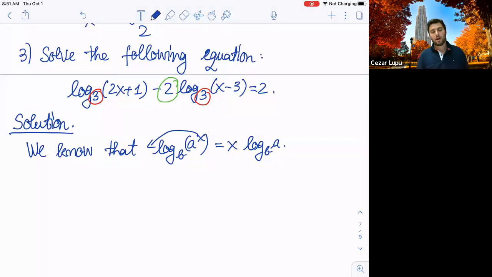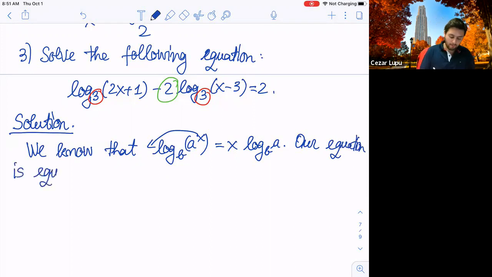So maybe we should apply this property. So our equation is equivalent with the following. Log in base 3 of 2x plus 1.